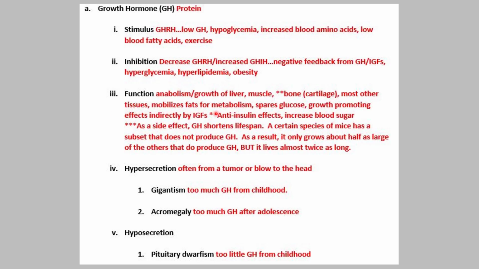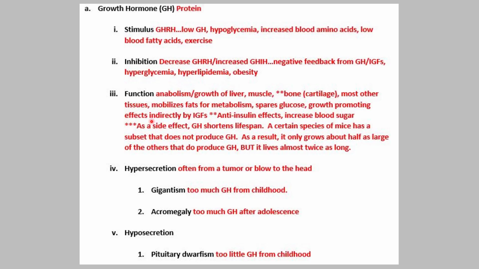It mobilizes fats for metabolism and spares glucose. What that means is glucose, which is our normal source of energy in the body, instead it causes fats to be broken down so that we can use those for energy in place of glucose.